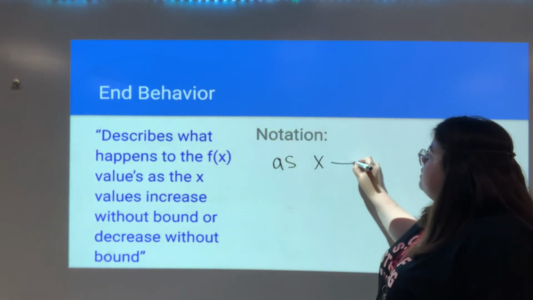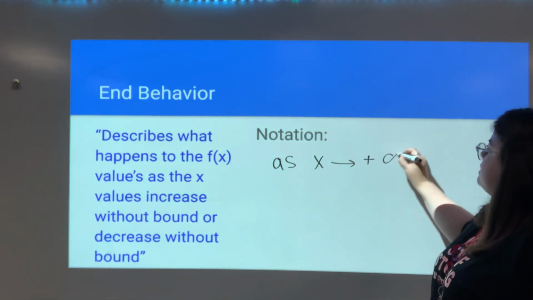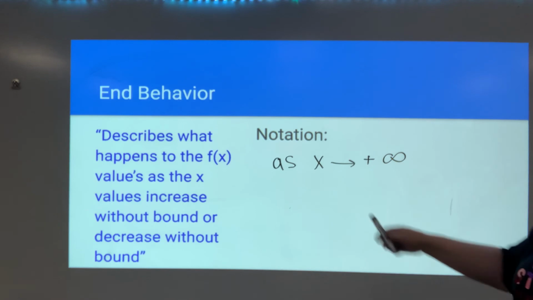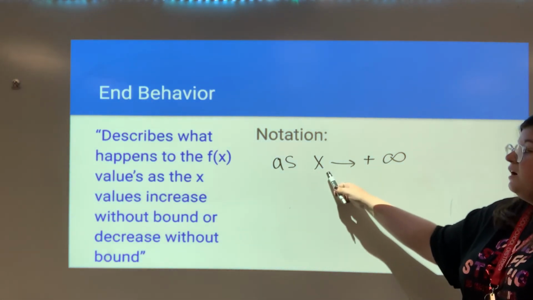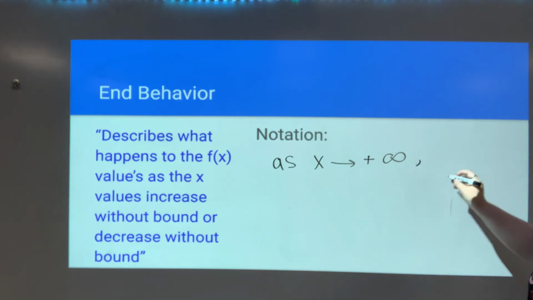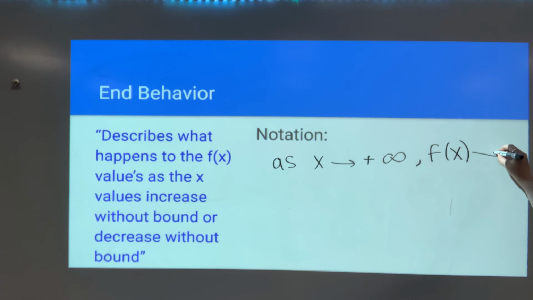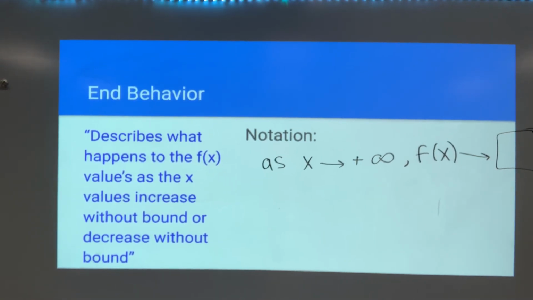The way we write this notation is as x goes to positive infinity, all right? That's that first part. As x increases without bound, comma, what's happening to my f of x? F of x goes to blank. That's where you would put your answer, and we'll do that together, all right? I'm going to move it over just a tad.